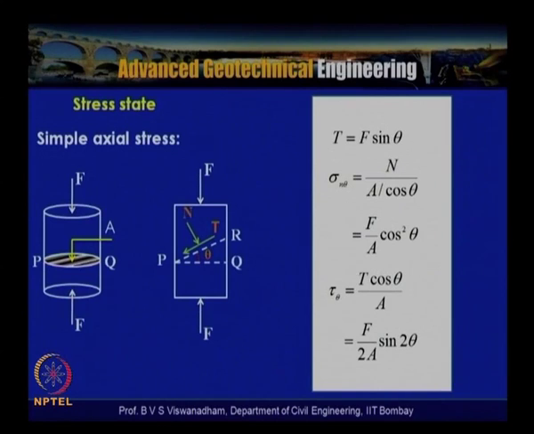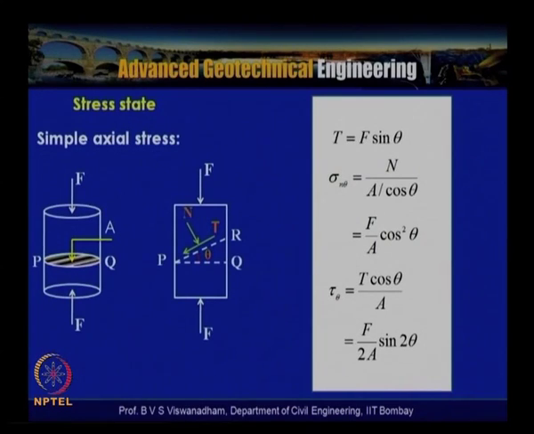sigma n theta equal to N by A by cos theta, because A by cos theta is the area of the plane PR, as it is inclined at an angle theta. So if A is the area, for plane PR the area is A by cos theta.